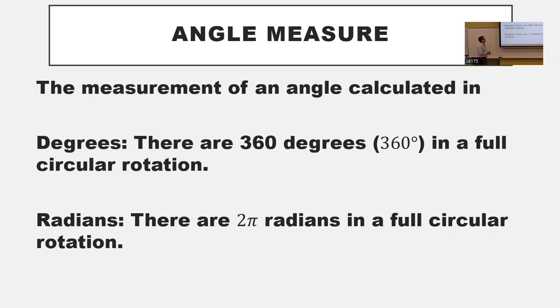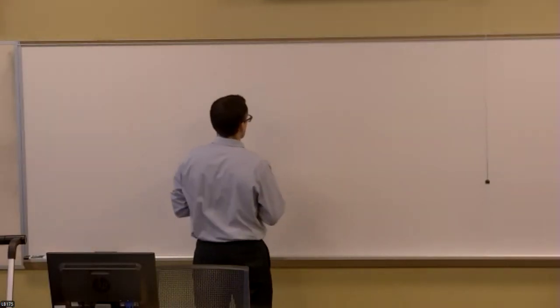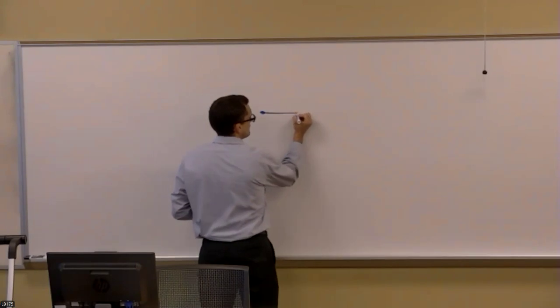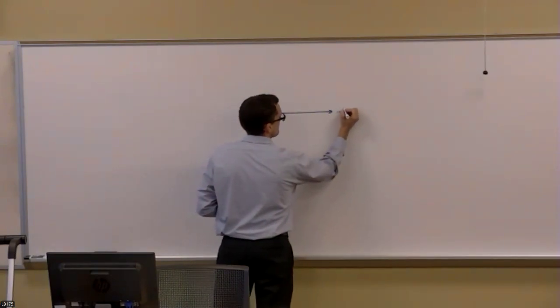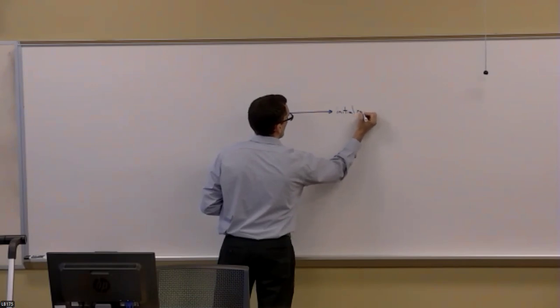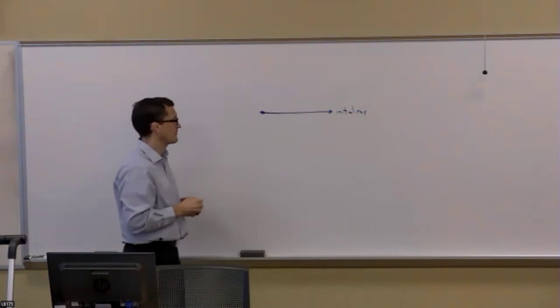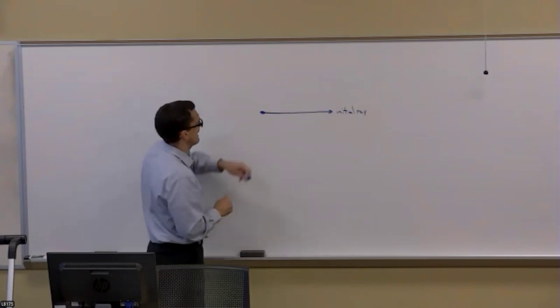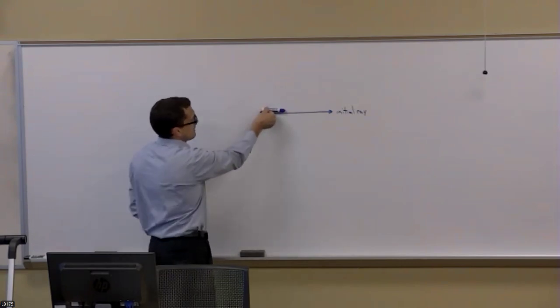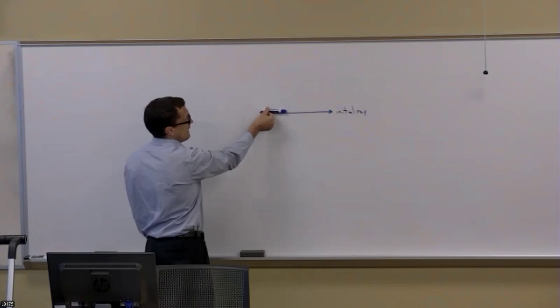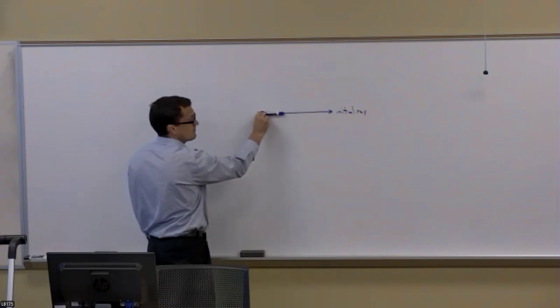So, everybody understand what I mean by full circle? Let me just write what I'm talking about. If I start with my initial ray there, and I take that thing, when I'm talking about a full circular rotation, I'm saying we take this initial ray and we rotate it all the way around till we get to here.